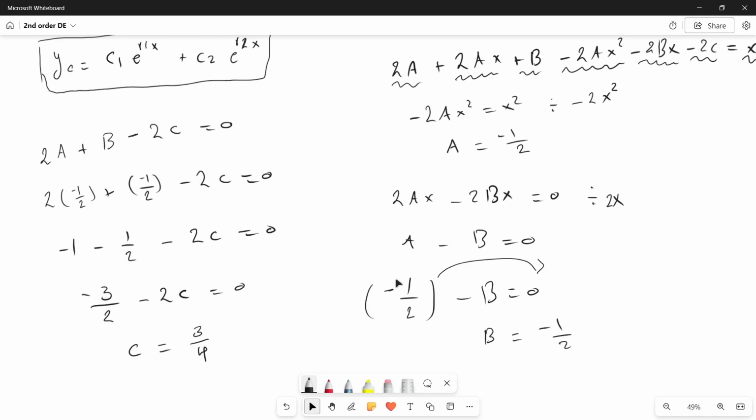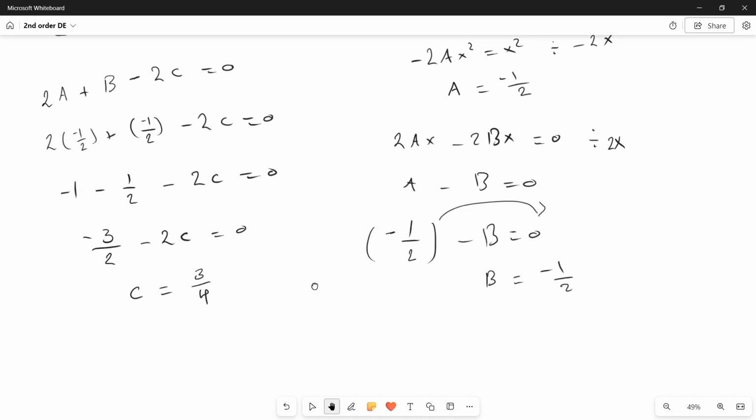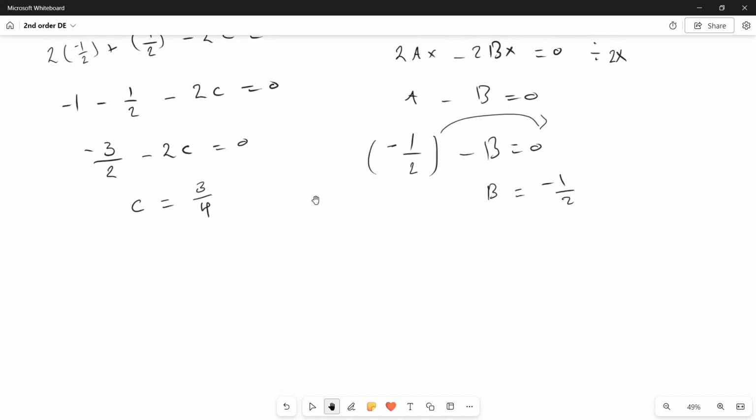Now all we have to do is substitute our values of yc and yp into our general solution. So y is equal to yc plus yp.